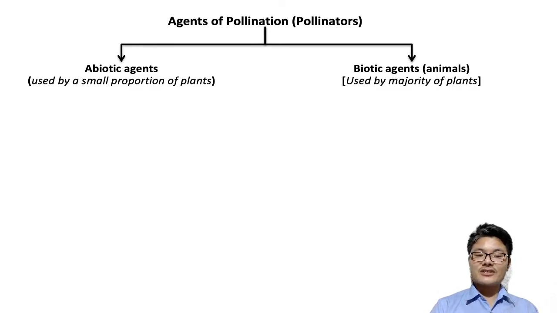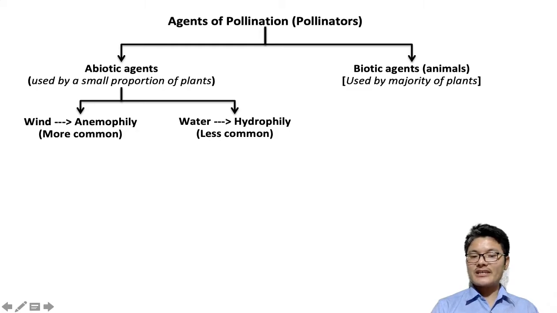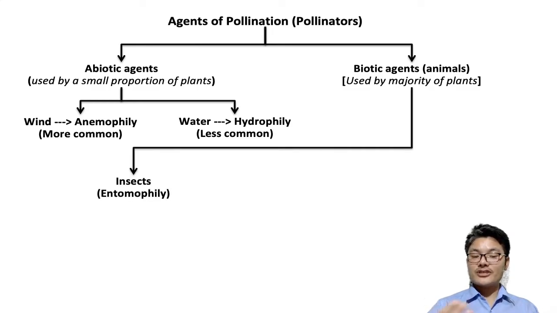So abiotic agents can be wind. Pollination carried out by wind is known technically as anemophily, which is more common compared to water pollination. Water pollination is technically called hydrophily, and is very less common. Now, biotic agents, or living organisms or animals which help in pollination, can be insects. Pollination done by insects is technically called entomophily, and pollination carried out by birds is called ornithophily.